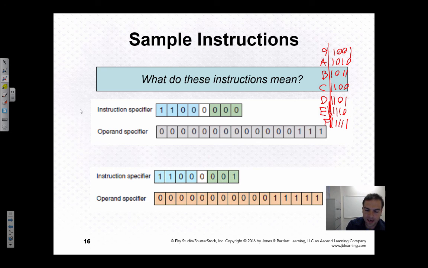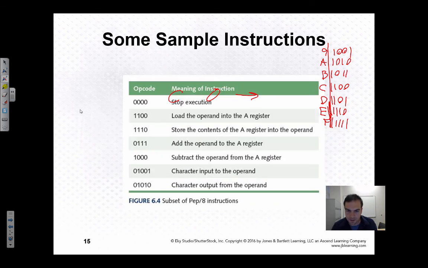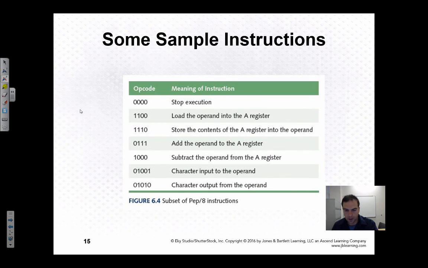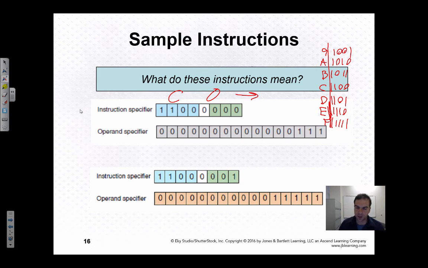So here we've got in hex, this is C0. So instruction C0, if we look up that binary pattern, I'm going to jump back a slide, load operand into the A register. So this is going to load into the A register. I'm writing LDA as sort of a mnemonic to help me understand what this C0 hexadecimal instruction means.